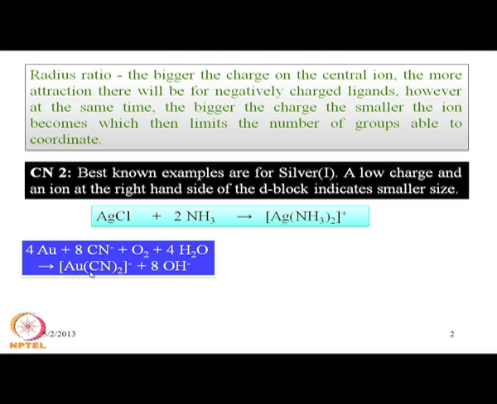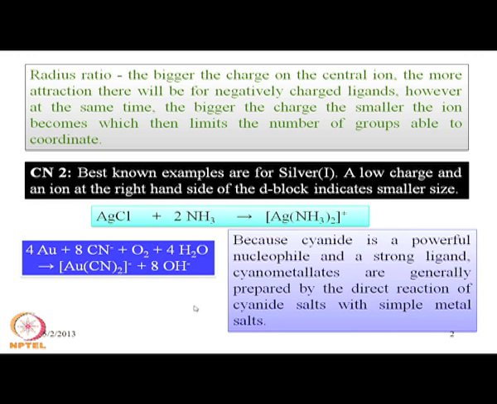Here gold is formed as Au(CN)2 minus along with the formation of hydroxide ions, so the medium turns basic, from the water molecules present along with one molecule of dioxygen.